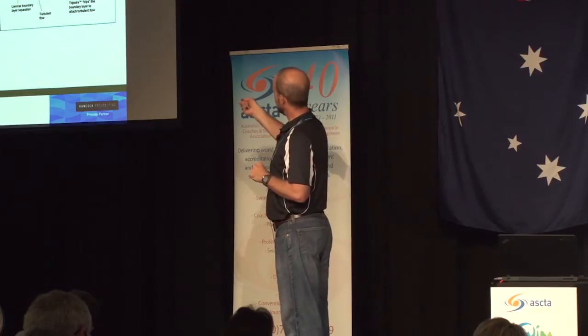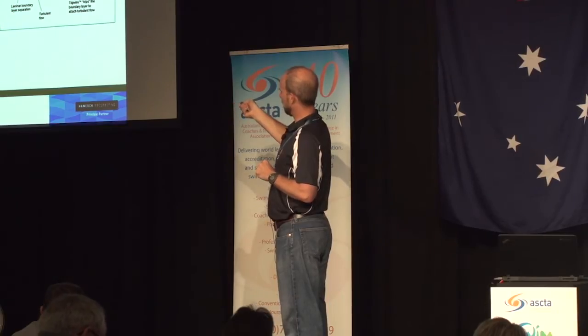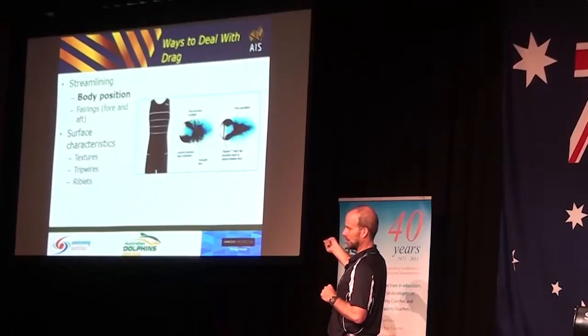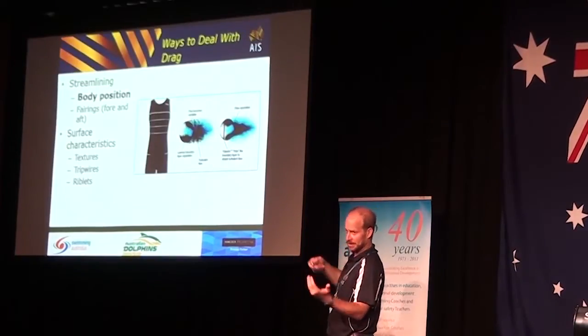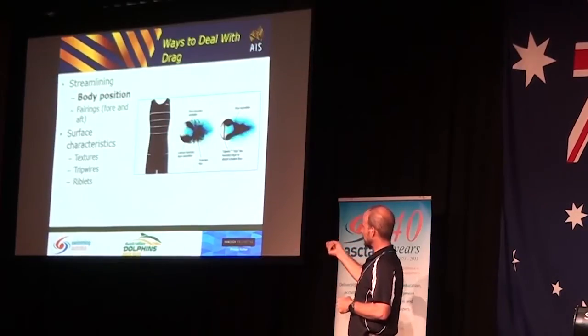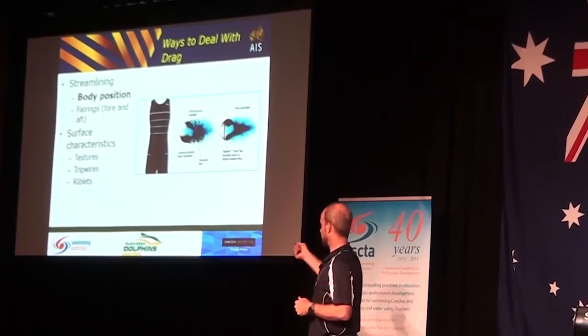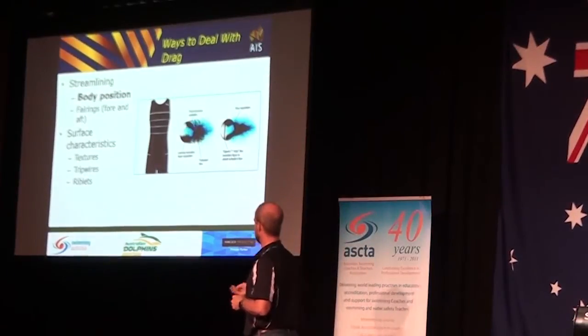So you can see through here. So with nothing, it separates there. When you have the tripwire, or if you have dimples, it's going to separate back here. So that area of low pressure is a lot lower. So the form drag is lower. So that's why you can play around with all these kinds of things, some of which work and some are not so crash hot. This one actually proved to be not so crash hot.